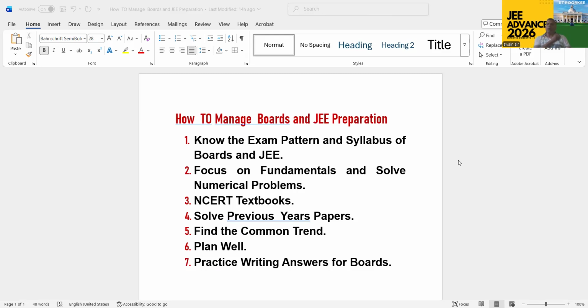The most important problem is to practice writing answers for the boards. This is the most important part if you are taking dummy schools. And also, it is important to join regular classroom courses, because it is important for your future aspects.